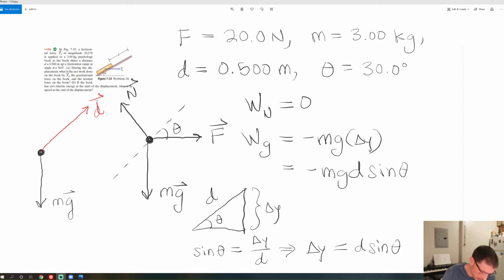The vector d has components that point like this. If we were to break it into its x and y components, we could call this d_y and this d_x. Those are supposed to be subscripts; it's not a differential thing, just in case anybody was wondering.